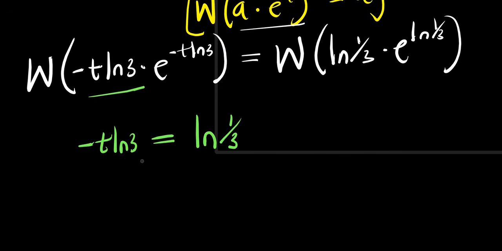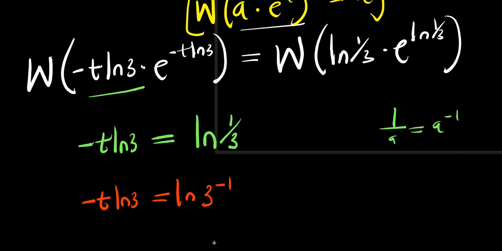So what we are going to do is solve for t, so I can easily divide this by ln 3. But before that, remember, if you have 1 divided by a, this is like writing a power negative 1, right? So I can easily have negative t ln 3 equals ln 3 power negative 1, right?